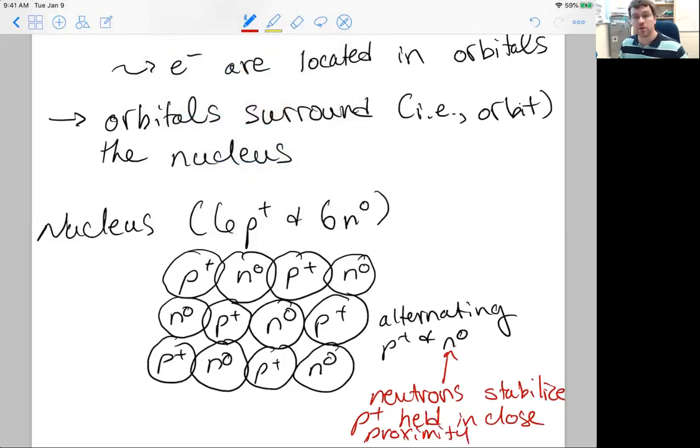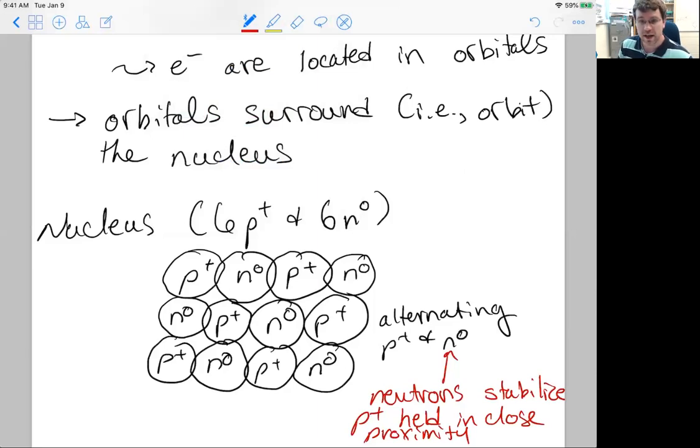We're trying to pack all of these protons as tightly as possible. They're all positively charged subatomic particles. They're all sort of repelling each other. Neutrons help allow us to pack them in as tightly as possible.